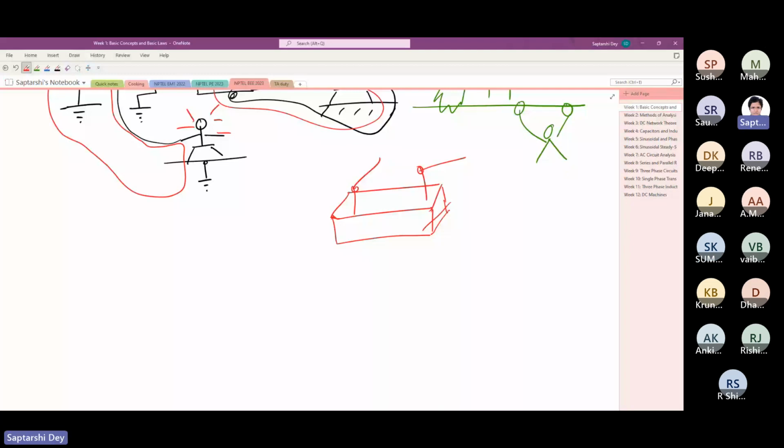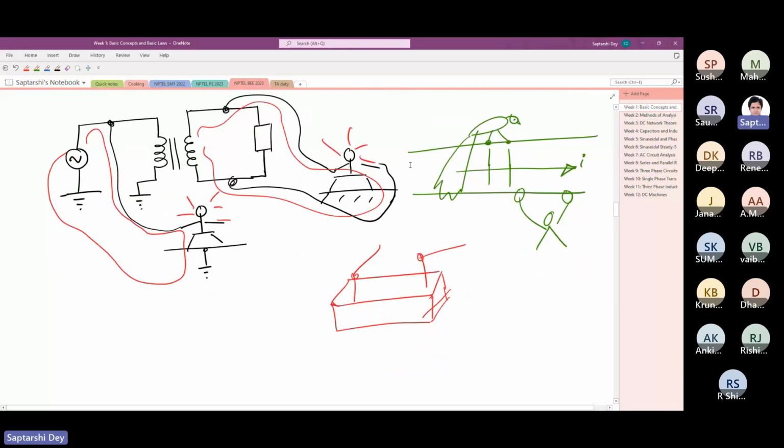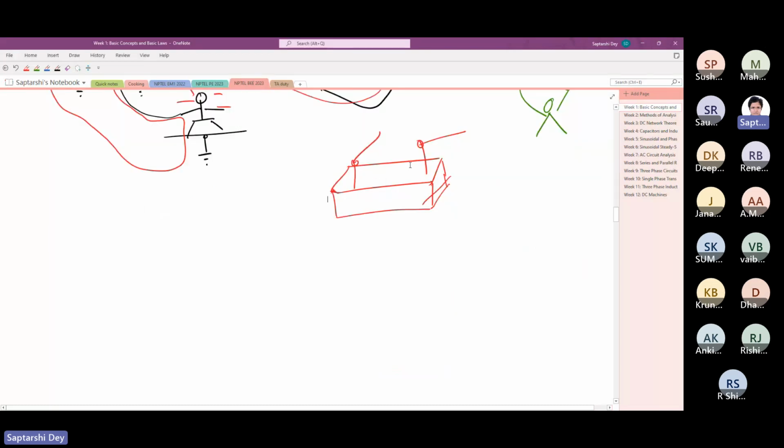Any more questions? Sir, how is energy expended when positive and negative charges are separated? Do you play with magnets, or did you play with magnets as a kid? Yes, sir.